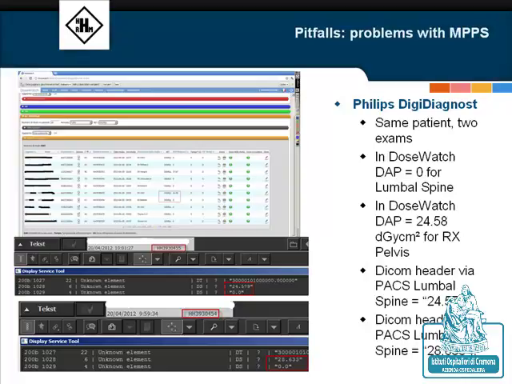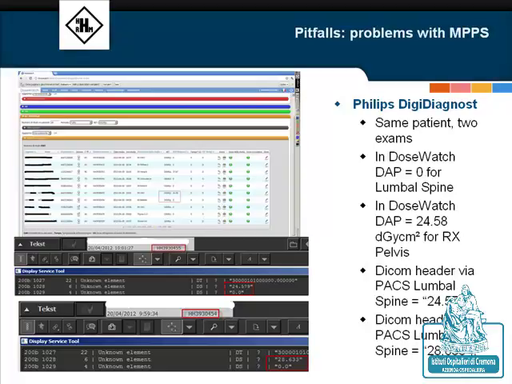What we also see, this is with a Philips Diagnost flat panel, is that in DoseWatch you find a zero line for the same patient when you have two different kinds of procedures. When you go with a special tool into the DICOM header, then you find the value, and the other is the acquisition time.